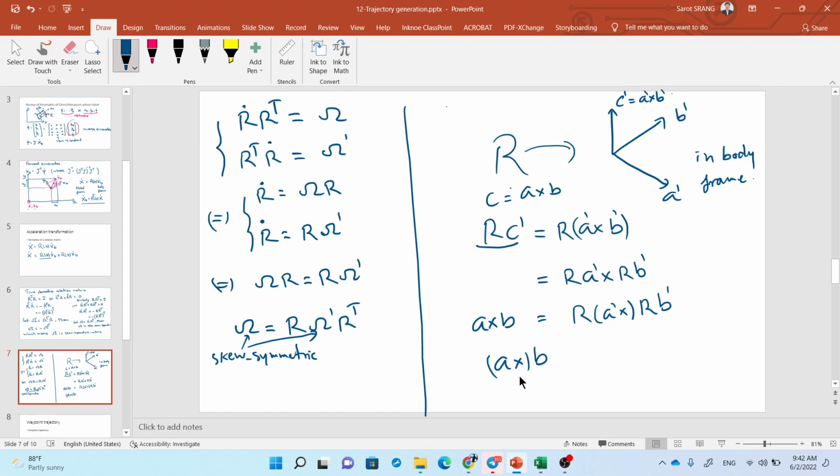If something is missing, I should have another, or transpose. No, R times C prime should be C, and C is actually, this one is C, yeah.